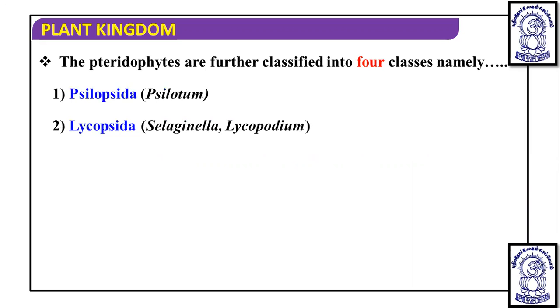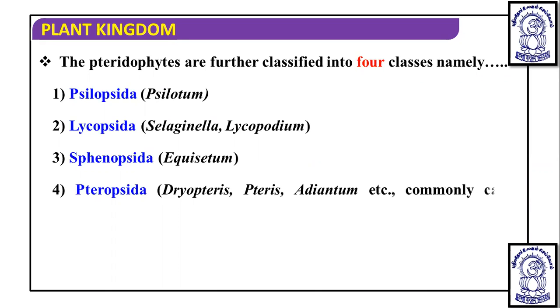Another is Lycopsida, and its examples are Selaginella and Lycopodium. The third class is Sphenopsida, where Equisetum belongs, and Pteropsida is the last important advanced class in which the examples included are Dryopteris, Pteris, Adiantum, etc., which are commonly termed as ferns.